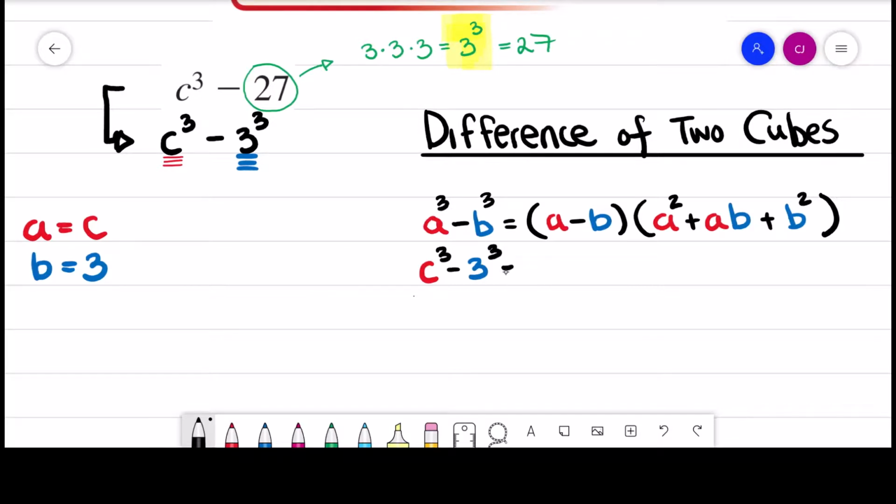So I'm just going to go through the pattern. My A, that's my known value, which is going to be C. So C minus 3, because 3 is my B value, times A squared, and we know that A is equal to C, so I'm going to write C to the second power, plus A, which is going to be C, times B, which is going to be 3, plus B squared, or 3 to the second power.